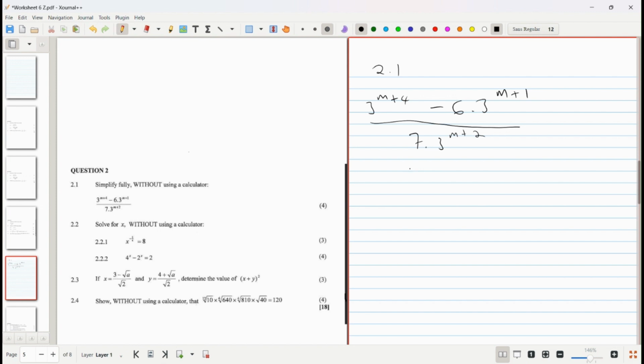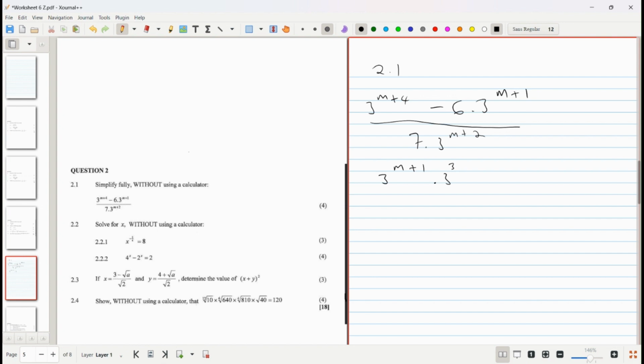Checking the first one, we have 3 to the power m plus 4. How can we rewrite it to the form of 3 to the power m plus 1? We know this can be written as 3 to the power m plus 1 multiplied by 3 to the power 3.